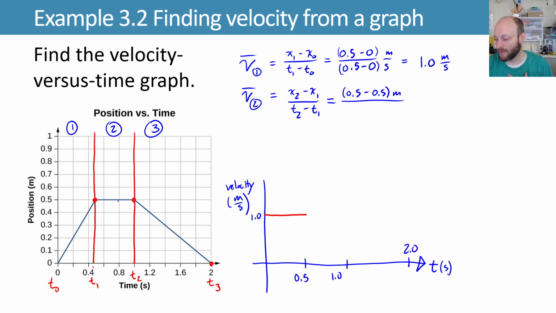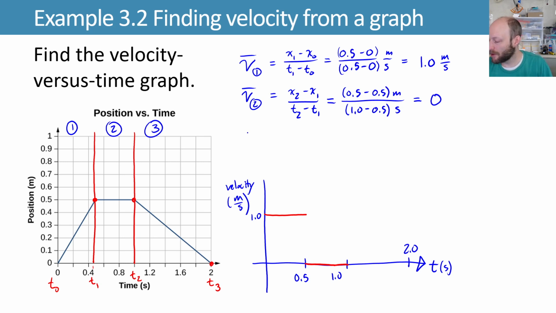Since we haven't moved, our velocity is going to be 0. But let's plug in the times just to make sure we know what we're doing. 1 second is my final time, 0.5 seconds is my initial time. And so we end up with 0. So from 0.5 to 1, we're at 0. And we'll worry about what's happening in between in just a second.